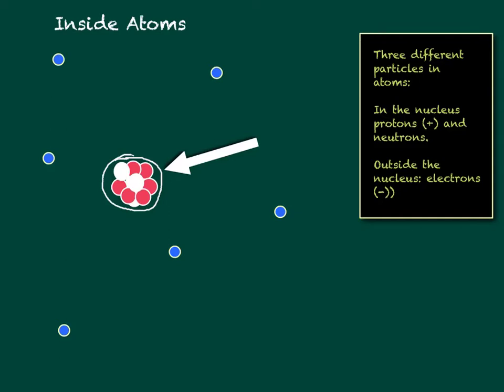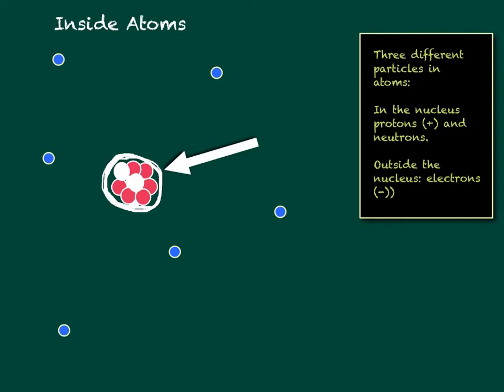But if we look inside atoms, what we find is that these tiny particles are made up of even smaller particles. So this is showing three basic particles that we find inside atoms: blue ones, red ones, and white ones. And what you notice at first is that the white ones and the red ones are found in the middle, in this particularly dense area.